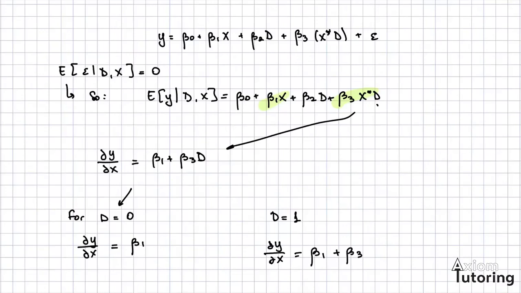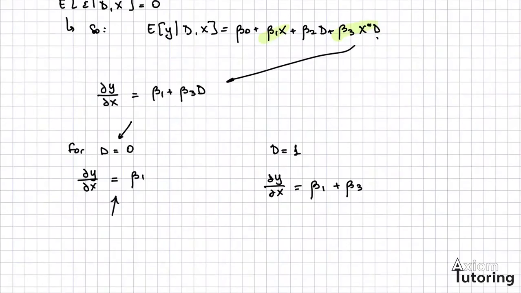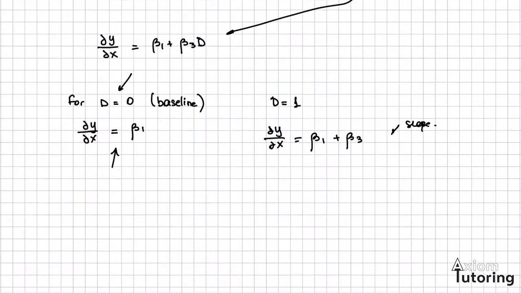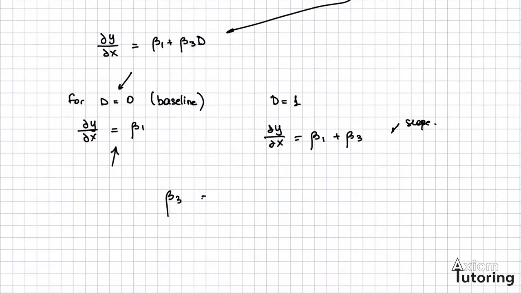So the slope of x is beta 1 for d equals 0, which we're also going to start calling the baseline or the benchmark group. And beta 1 plus beta 3 is the slope for the other group. And the difference between the two slopes, so beta 3, is the difference between the two slopes.